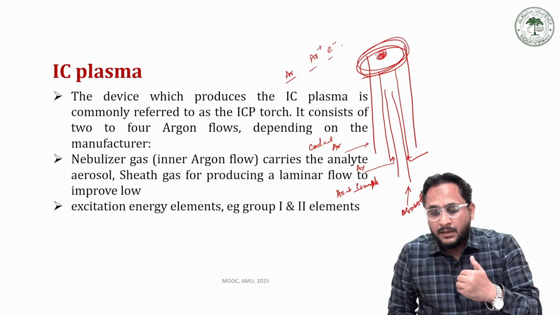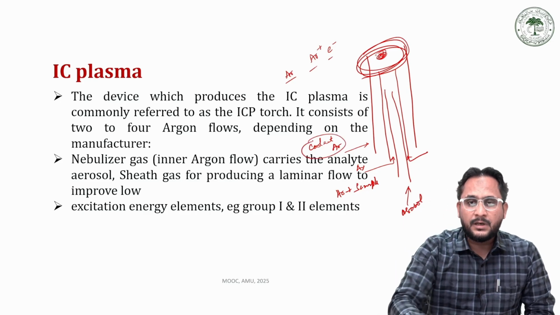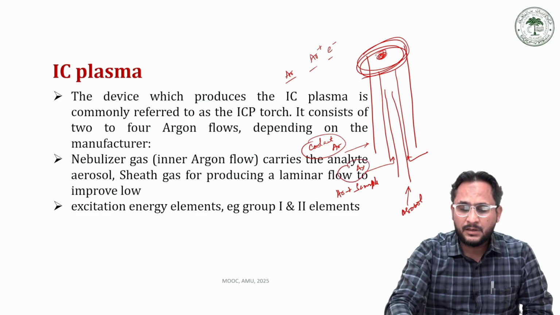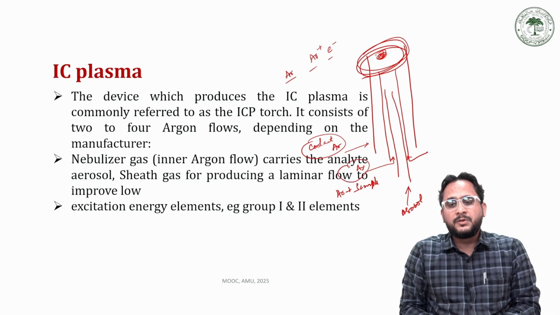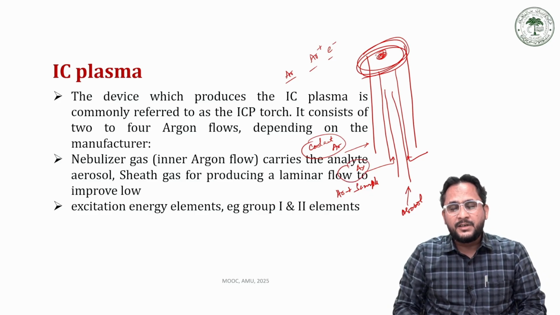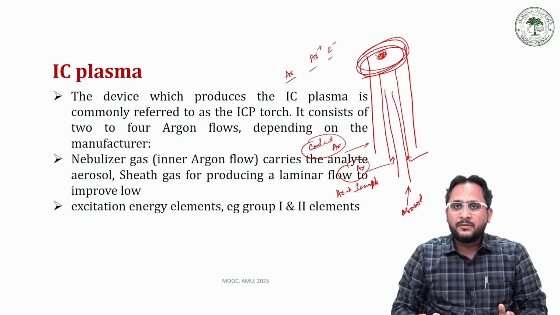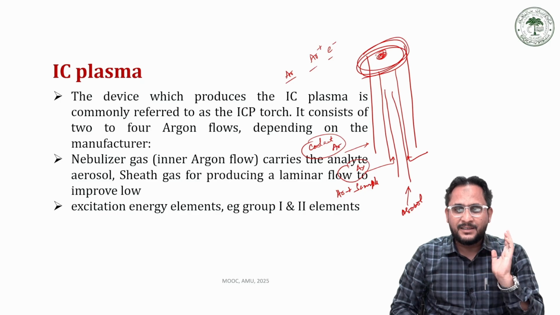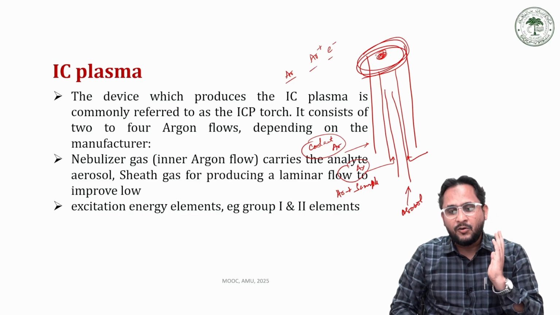The rate of the coolant argon is 13 to 20 liters per minute, while in case of auxiliary argon it is around 10 to 20 liters per minute. So we can say that in case of inductively coupled plasma, the requirement of argon gas is quite high, which is maintained by, I hope you know the answer, the Dewar flask, which is used to store all the liquids which have very low temperature.